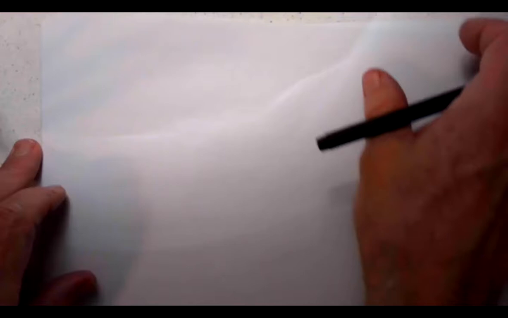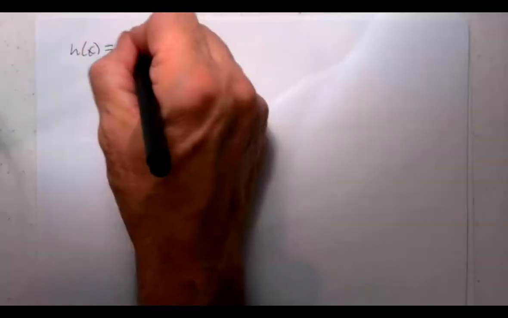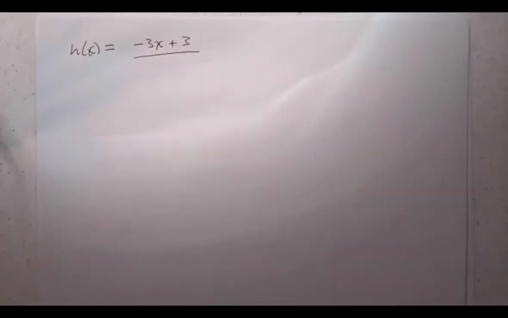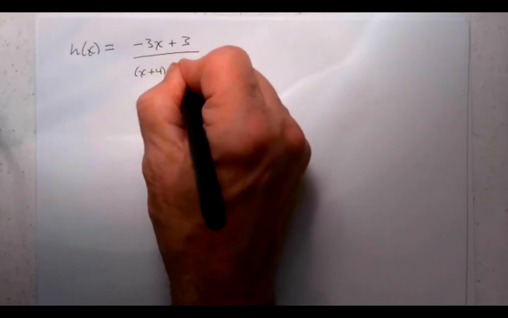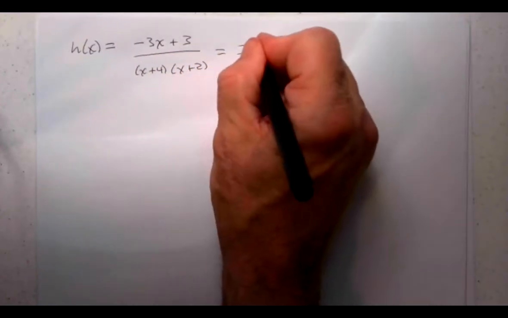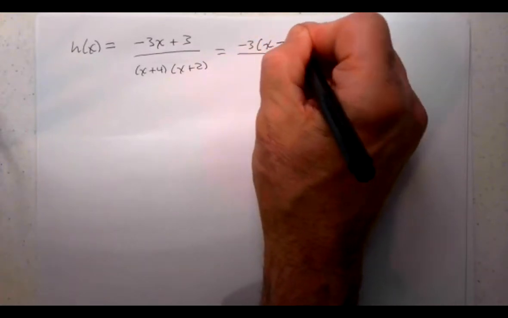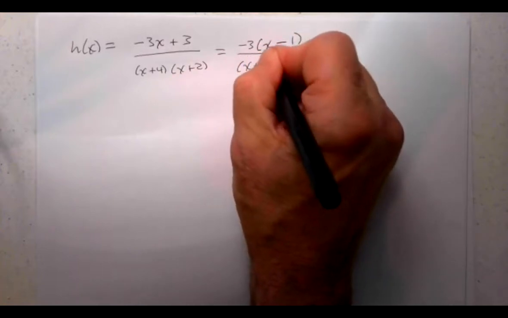So let's do that. h of x equals negative 3x plus 3 over x plus 4, x plus 2. And I want to factor the top. So I'm going to factor out a negative 3. What does that leave me with? x minus 1. 3 divided by negative 3 is negative 1, over x plus 4, x plus 2.